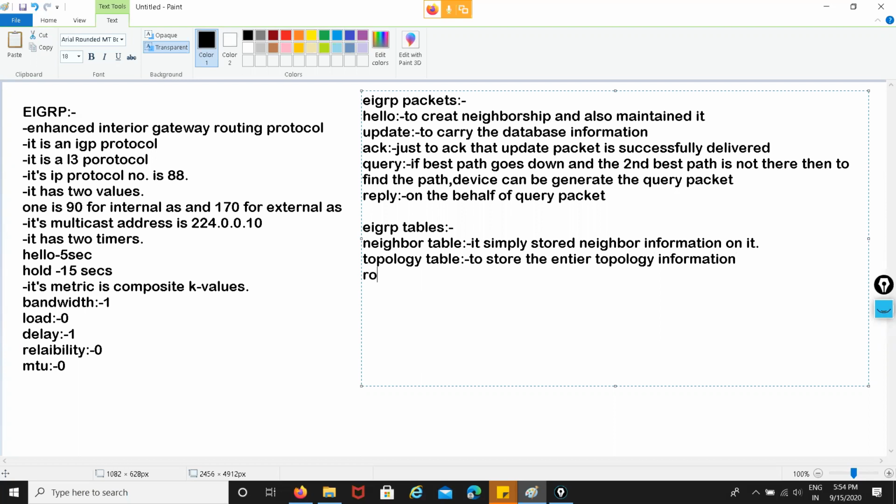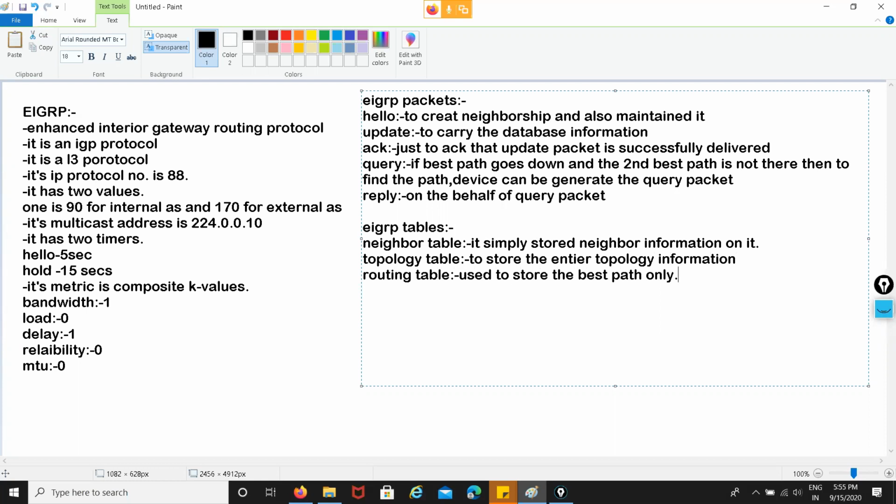And next thing is the routing table, used to store the best path only. Okay, so this is the use of our EIGRP tables.